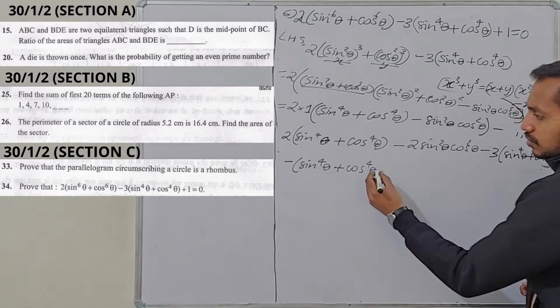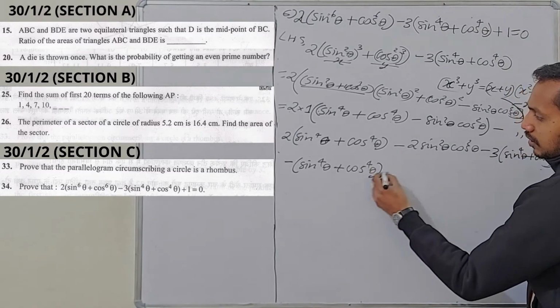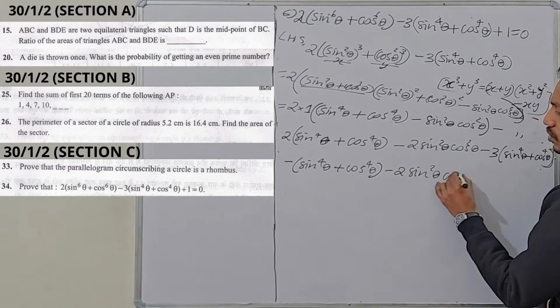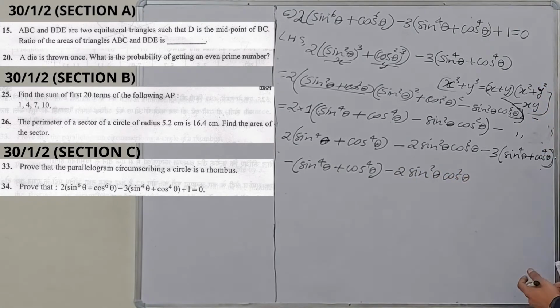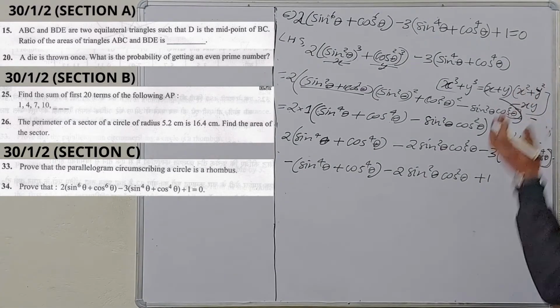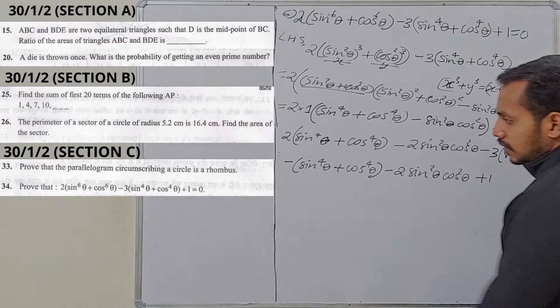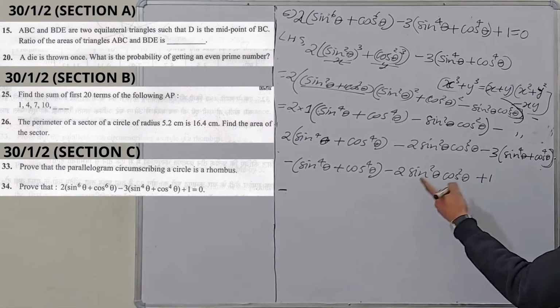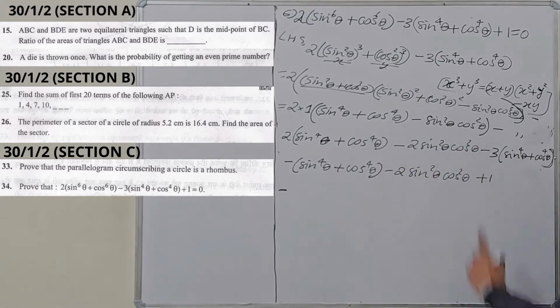Cos raised to 4 theta minus 2 sine square cos square theta. Okay. Plus 1. Now here this minus is kept. Now we can write that plus 1 here because all terms are simplified.